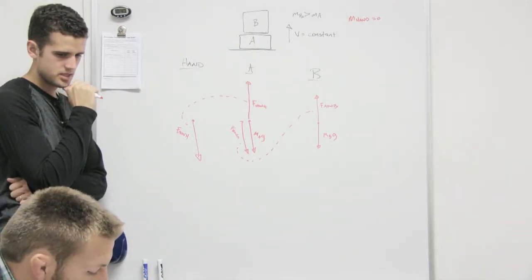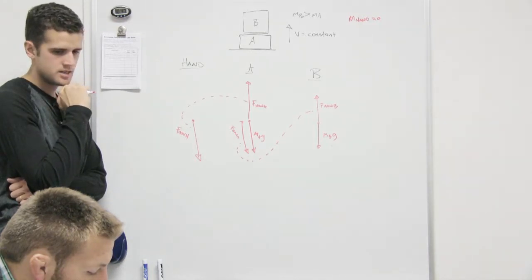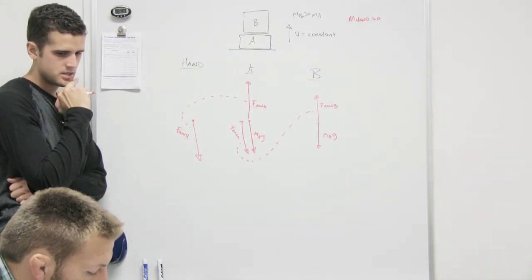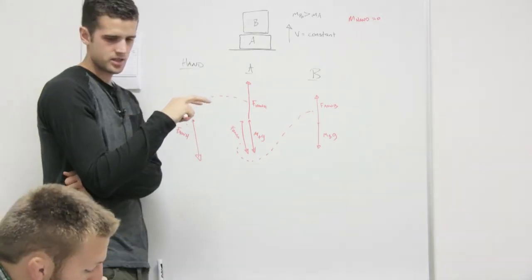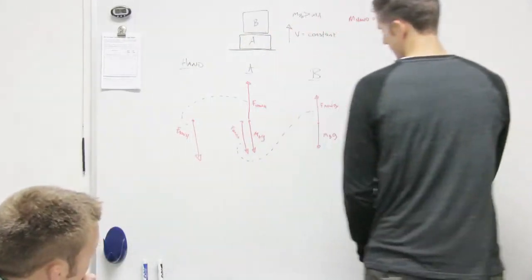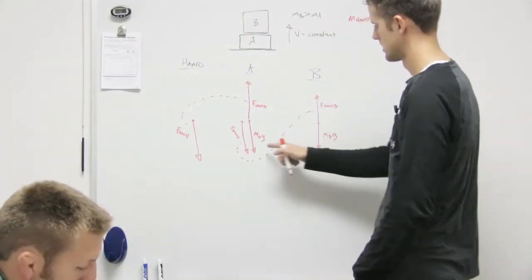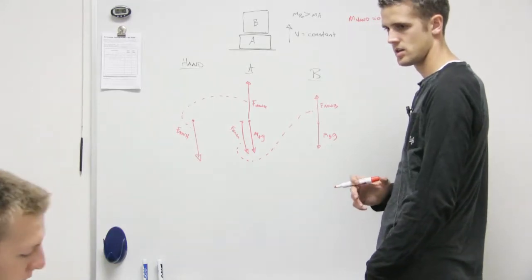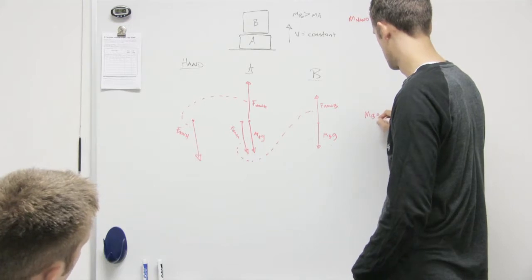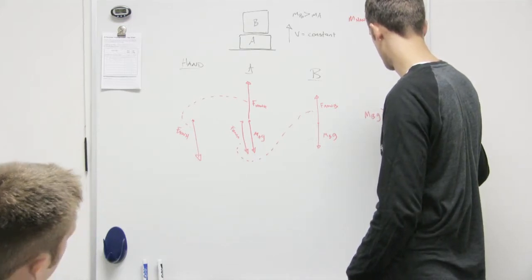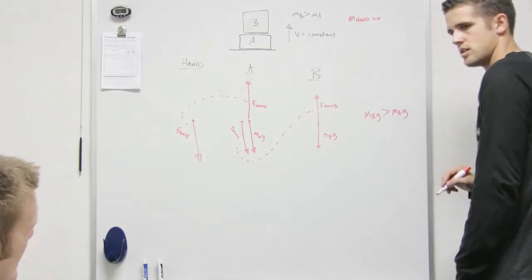Since FA on B and FB on A are equal, that means FA. So without comparing anything, what do we know about the masses of these two? B is greater than A. Right. So if B is greater than A, that means MBG has to be greater than MAG. Oh yeah, that's right.